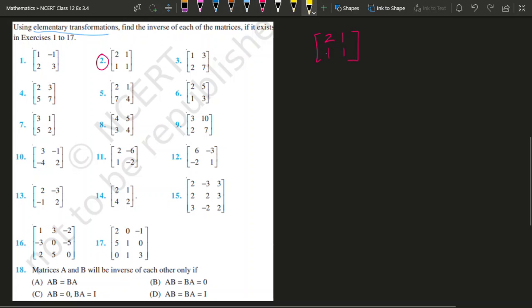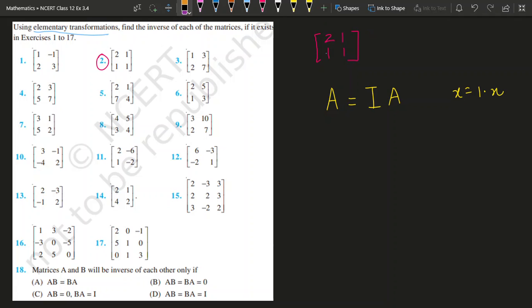So the general strategy of computing inverses using elementary transformations is the following. If you have any matrix A of which you want to compute the inverse, you can always write it as I times A, and that's just general. It's like writing x equals 1 times x.